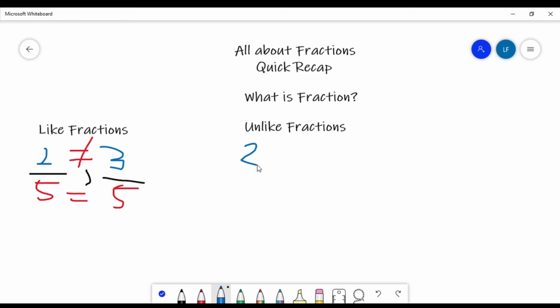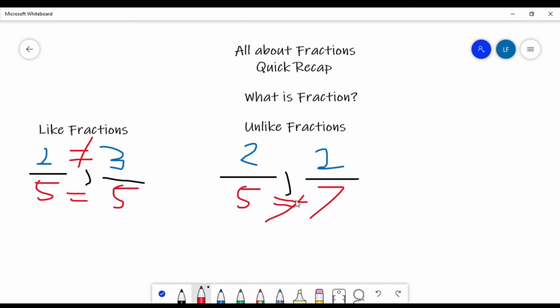Let's take an example: 2 by 5 and 2 by another number. Now we can say that these are unlike fractions, because unlike fractions are fractions whose denominators do not equal each other.